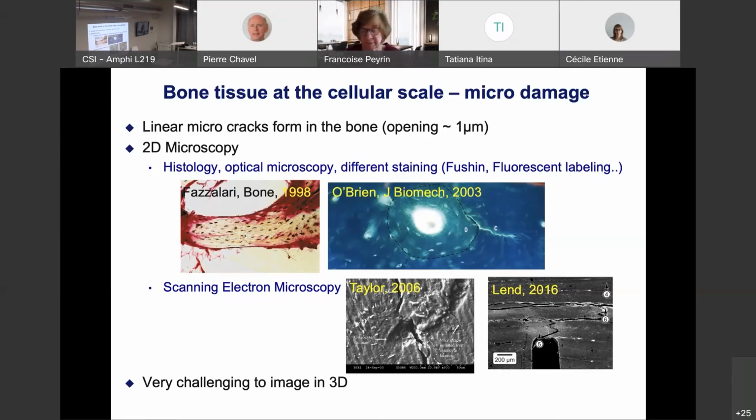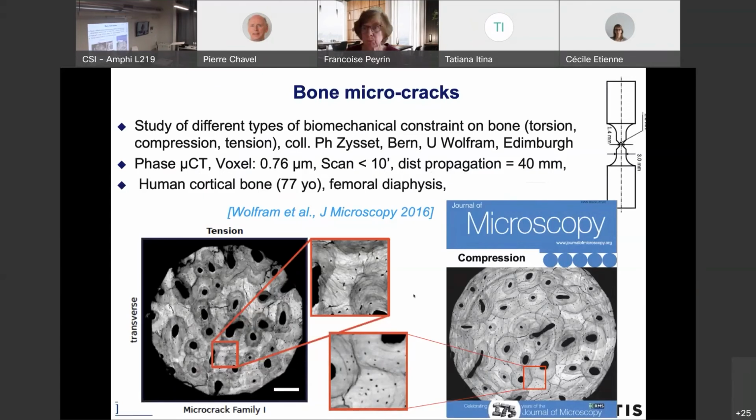For instance, this is an illustration of a work that we did in collaboration with the team of Philippe Zysset in Bern and with Uwe Wolfram in Edinburgh to study different types of biomechanical constraint in bone.